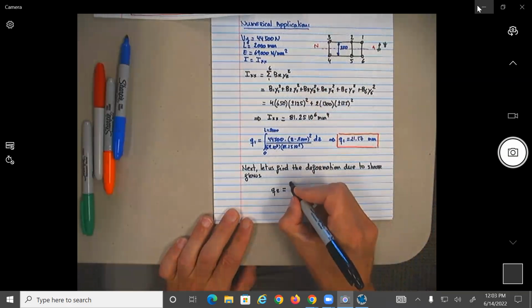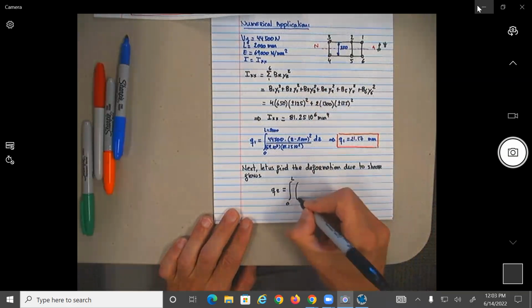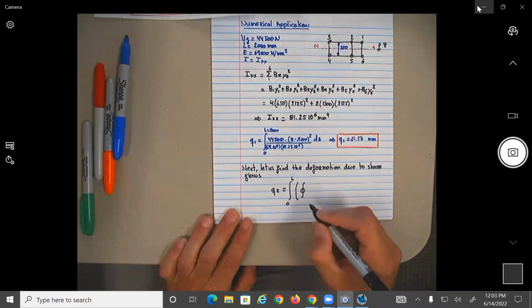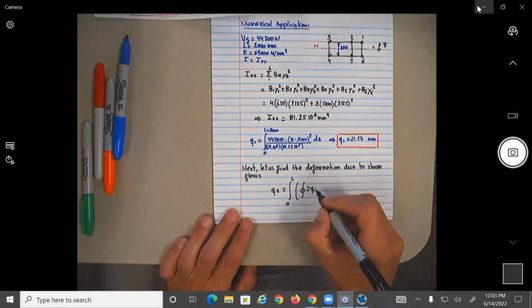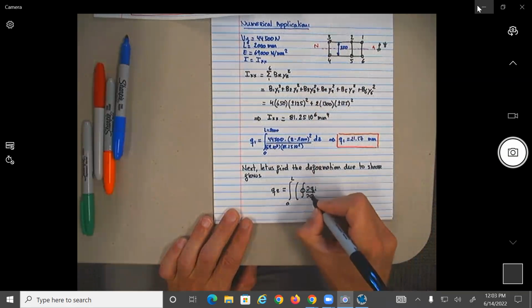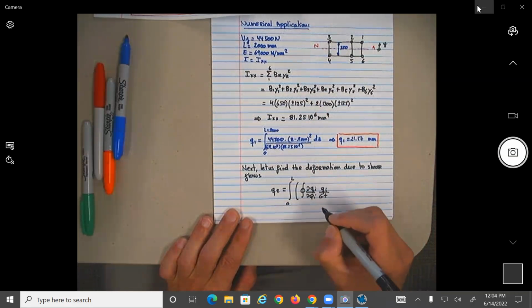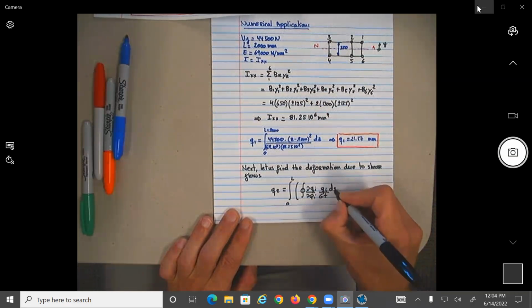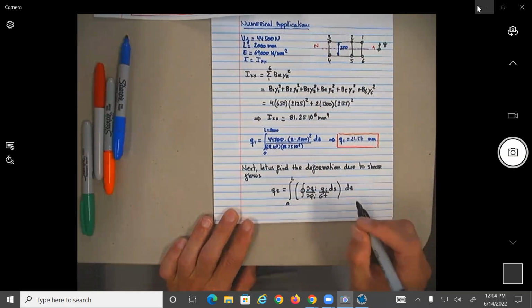So we have a big integral 0 to L, then we have a cross-sectional integral of partial Q sub I over GT, and this will be dz.